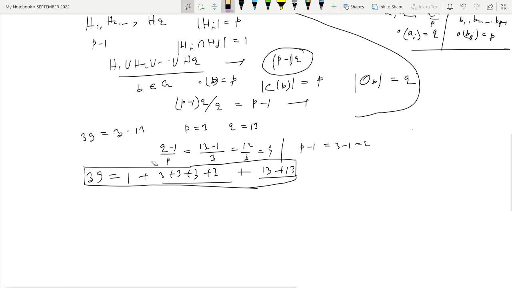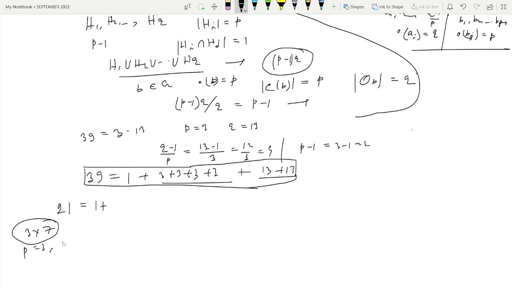So for 21, equal to 1 plus, so here it is 3 into 7. So our P is 3 and Q is 7.